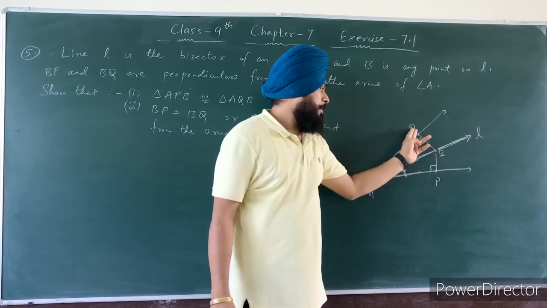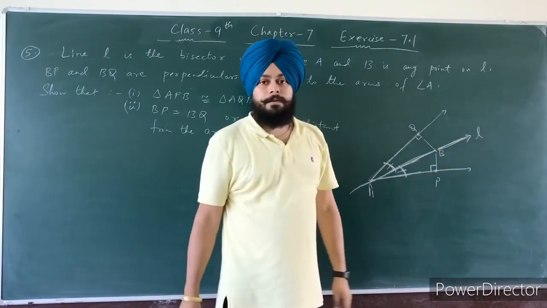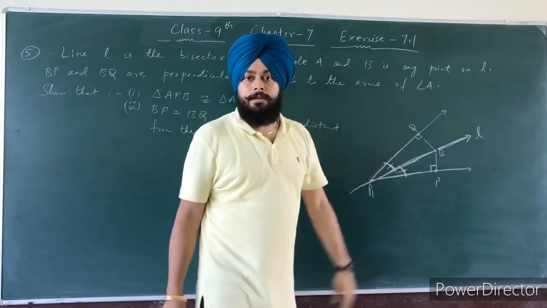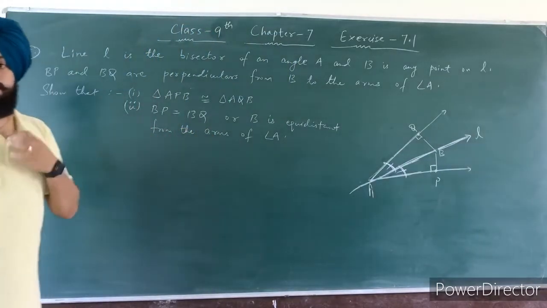The first one is BQ and the second one is BP. Perpendicular means it intersects at 90 degrees.